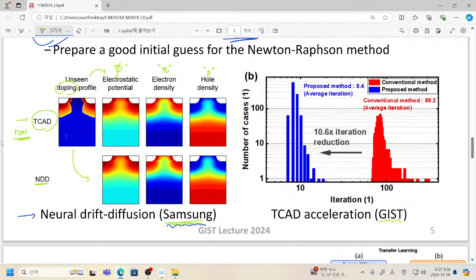Then you can see that compared with the conventional way of our TCAD simulation, changing the bias condition continuously and slightly, we can accelerate our TCAD simulation at a given bias condition about 10 times, and this 10 times or a few times is the thing we can expect from this kind of approach up to now.